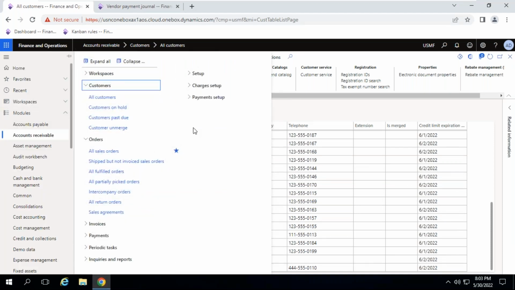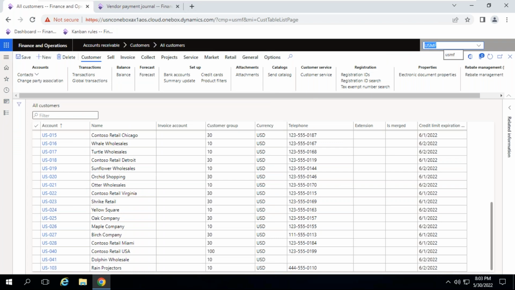Let me show here. If you want to do consolidation in the GLCO company, you can do it.